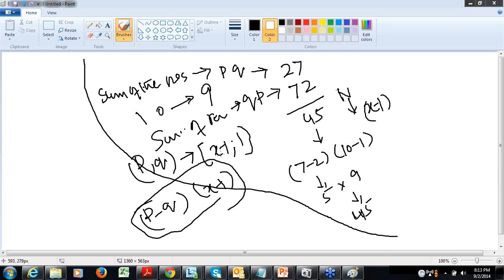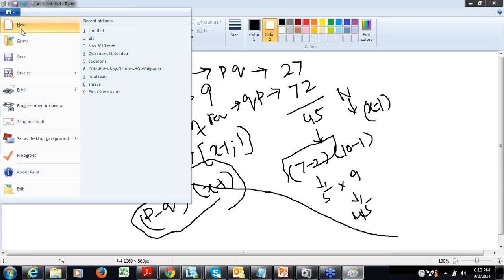I have said difference. 7 minus 2 is the difference, it's not absolute. That is why I have written 7 minus 2, not 2 minus 7. Okay, I'll move ahead with this.